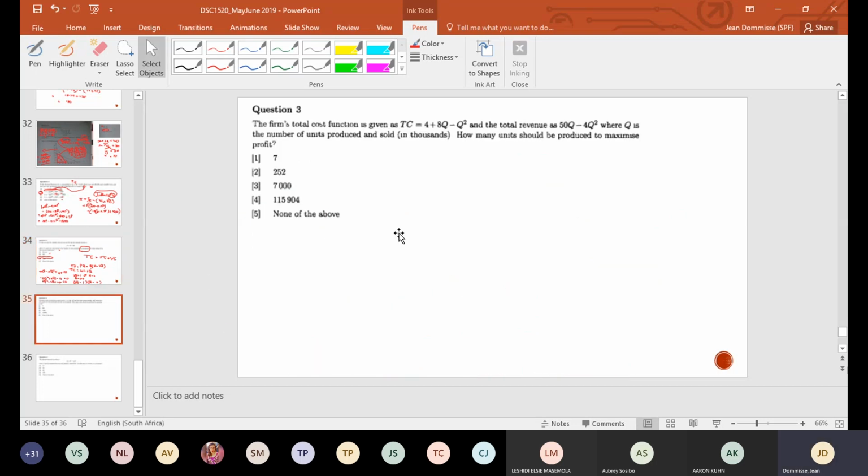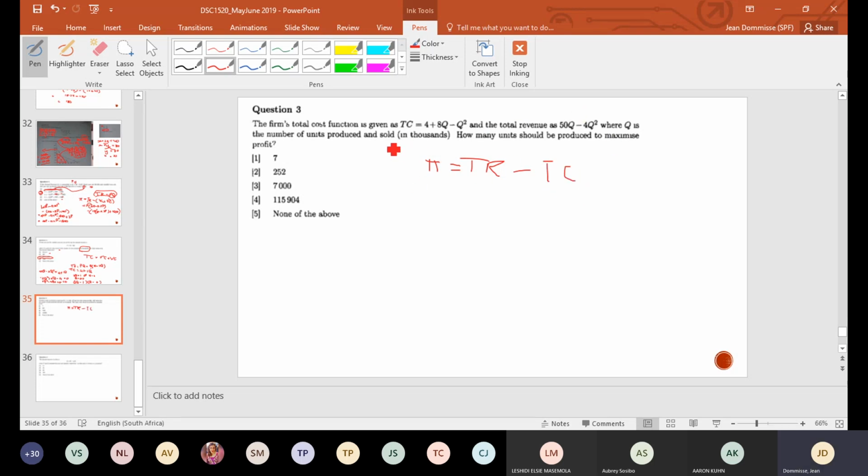Okay, so I'm going to look at this and I'm going to give tips on how to do it. Okay, so the firm's total cost function is given, and the total revenue is given. How many units should be produced to maximize the profit? Okay, so what you do here, maximize profit. So you need to say the profit function is total revenue minus total cost.